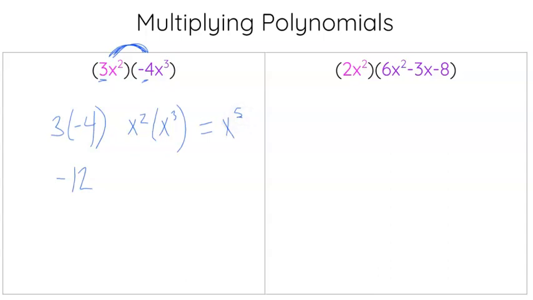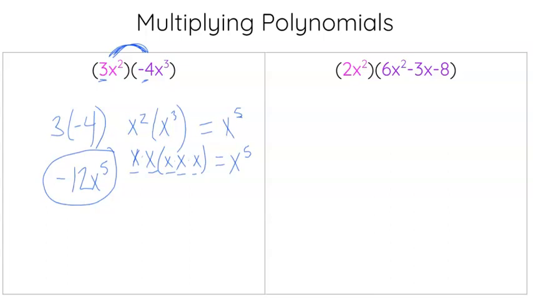And if we break that down, that is because x squared is really x times x, and x to the third is really x times x times x. So here we're multiplying 2 x's, and then we multiply 3 more x's. If we count up the total number of x's, we have 5 x's. So the answer to this problem would be negative 12x to the 5th. We combine that coefficient with the variable.